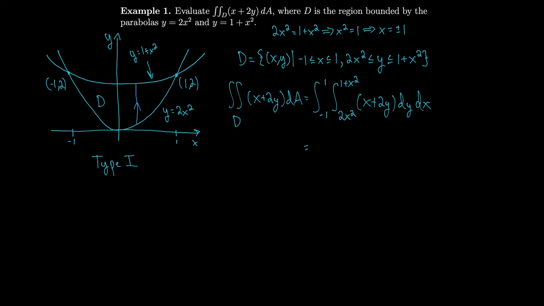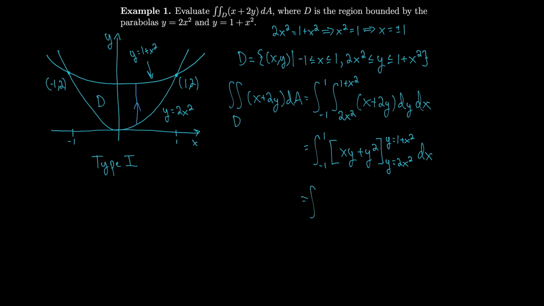And we make this equal to the integral from -1 to 1 of this partial integral. So that's just going to be x times y, because I'm going with respect to y, x is constant, plus y squared. And I'll have to evaluate that from y equals 2x squared to y equals 1 plus x squared, dx.